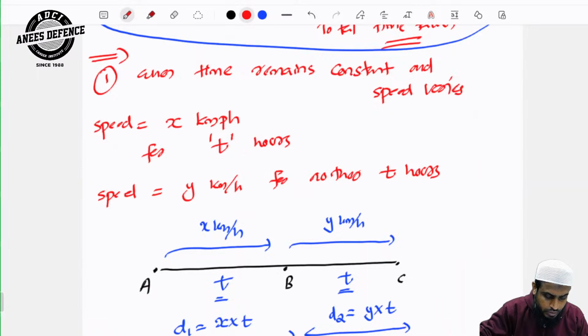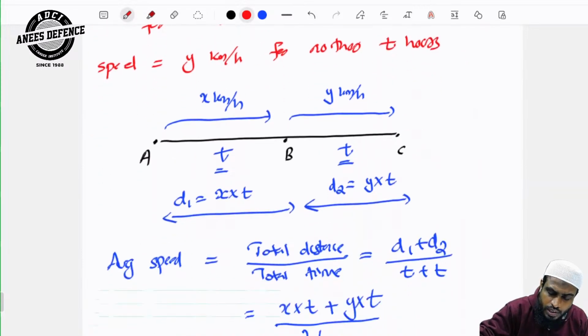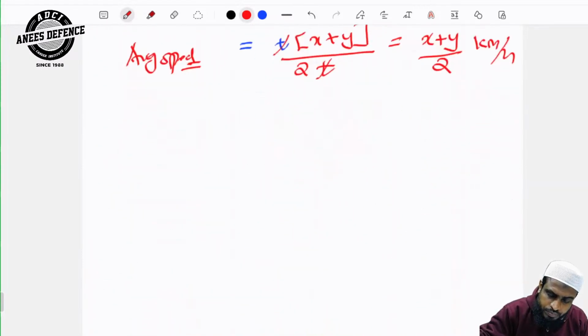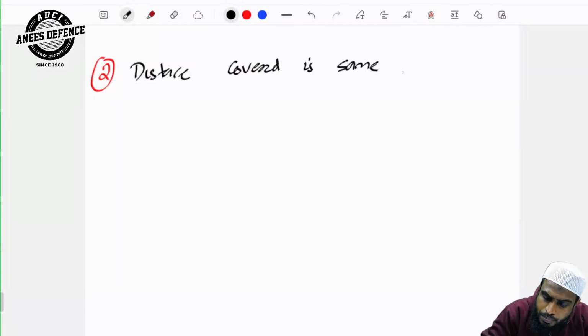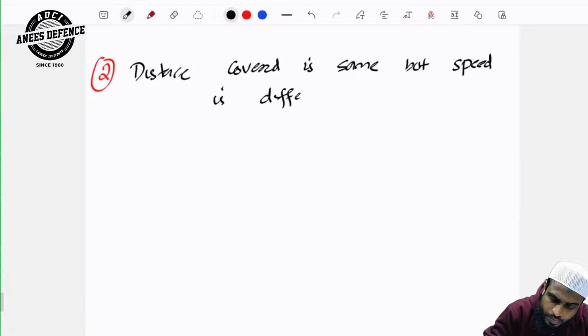Then the second case is when the distance covered is the same, but speed is different.